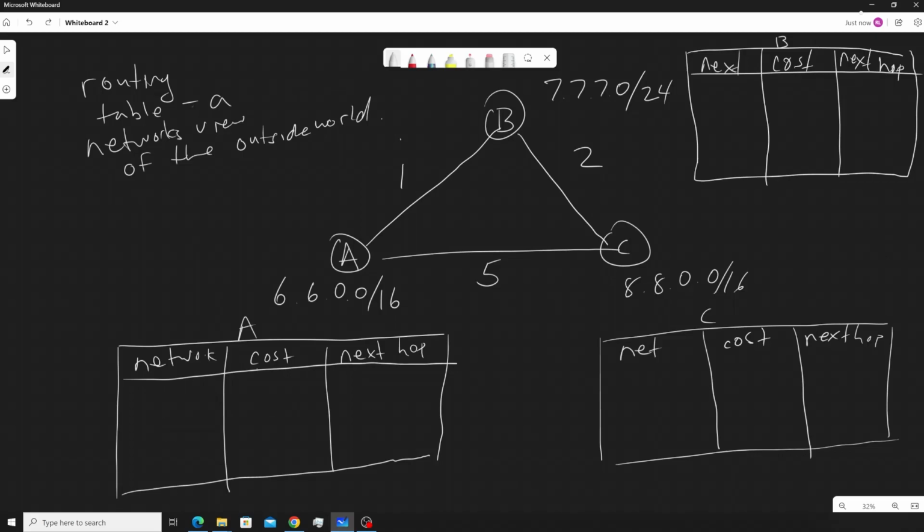In fact, the only thing that we know is if we're on network A, we know that we exist. The cost to get to ourselves is, we'll just say, 0. And there really is no next hop, but we'll just put ourselves again, just to be consistent. Okay, the same for B, and the same for C. This is all we know initially.